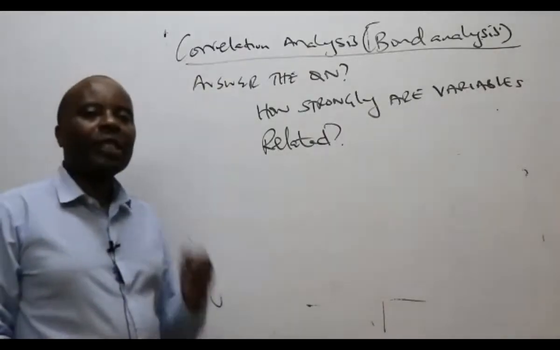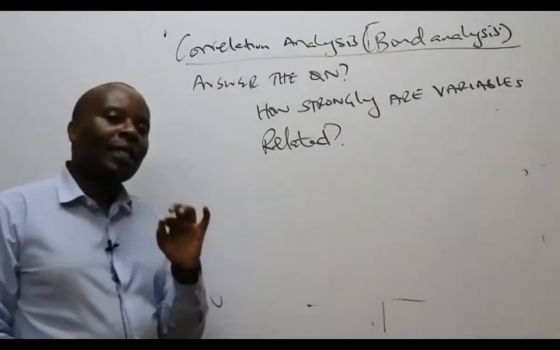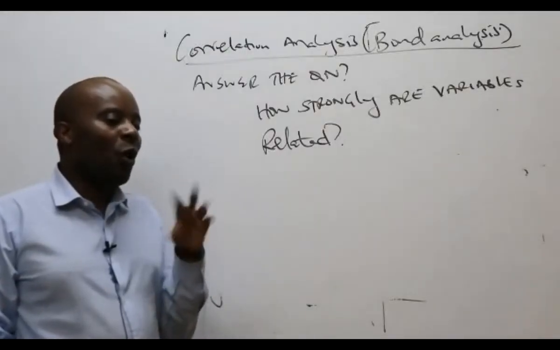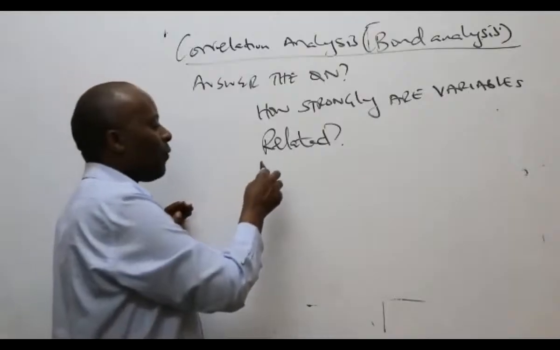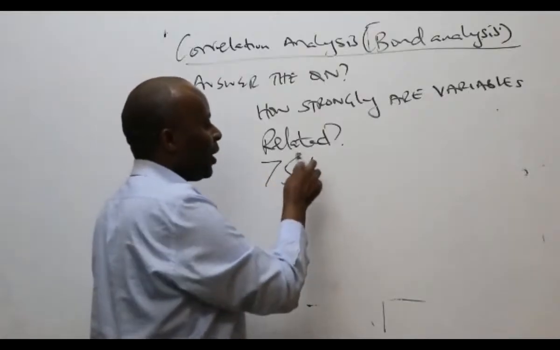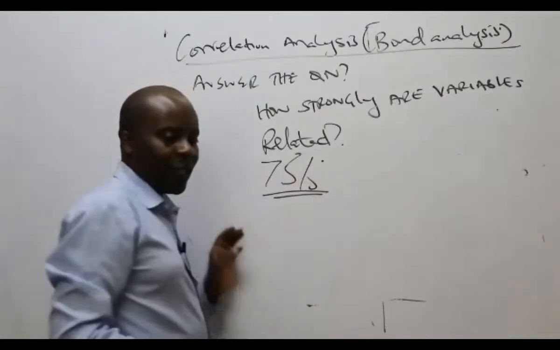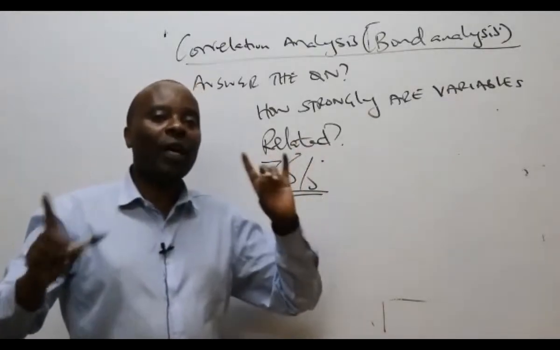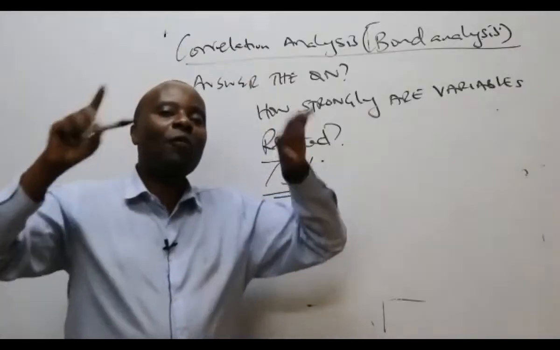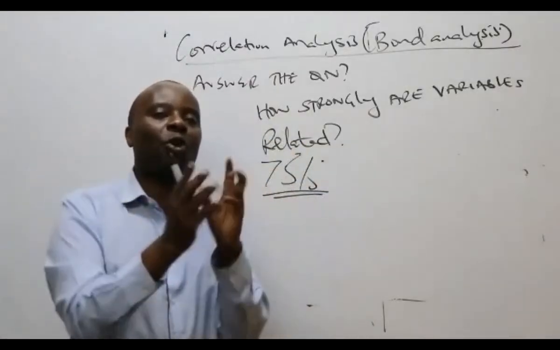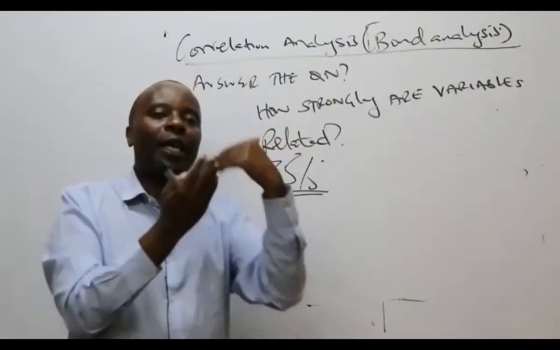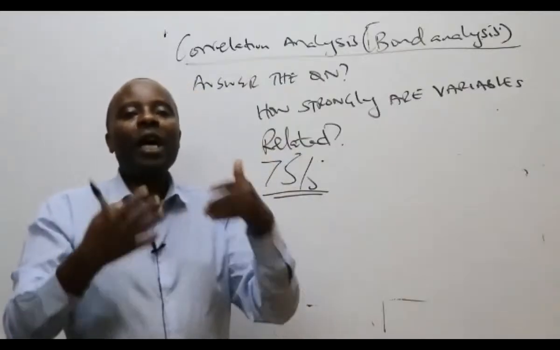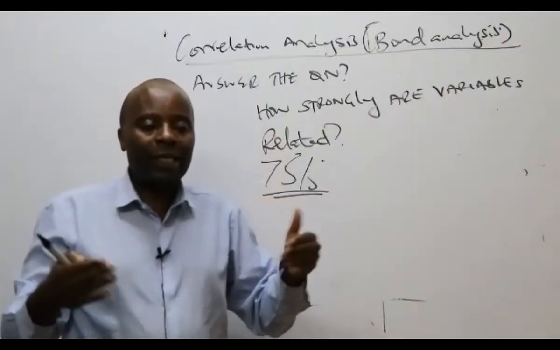We shall be able to see that for variables that are really related in a very strong way, their correlation coefficient should be what here, somebody? More than 75%. Anytime you've got two variables, x and y, having a correlation coefficient between them of at least 75%, then we say that those two variables are strongly related.